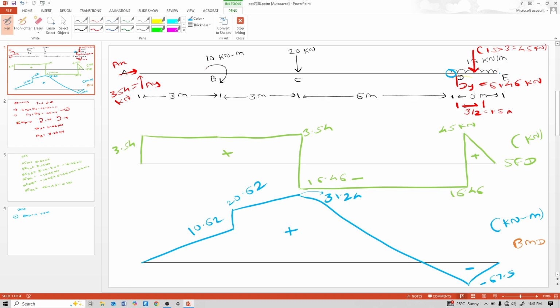And at point E, there is cantilever end, so it is 0. So our judgmental BMD and values are correct now. So let's see this in StatPro software also.